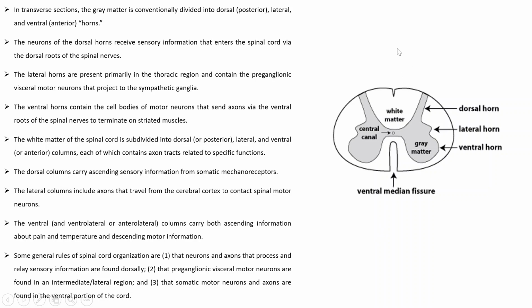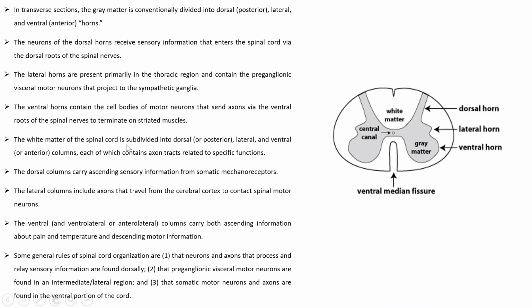So the dorsal horns are associated with receiving information, while the ventral horns are associated with sending information to the striated muscle. The lateral horns are present primarily in the thoracic region, and they contain the preganglionic visceral motor neurons that project to the sympathetic ganglia.